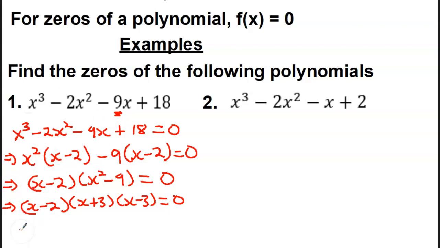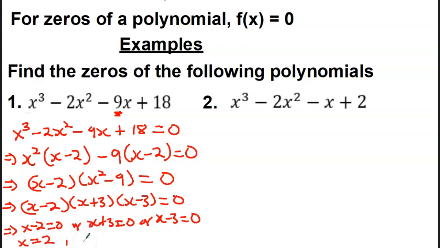And this becomes either x minus 2 is equal to 0, or x plus 3 is equal to 0, or x minus 3 is equal to 0. We solve for x in each case. x is equal to 2, and then x is equal to minus 3, x is equal to 3.